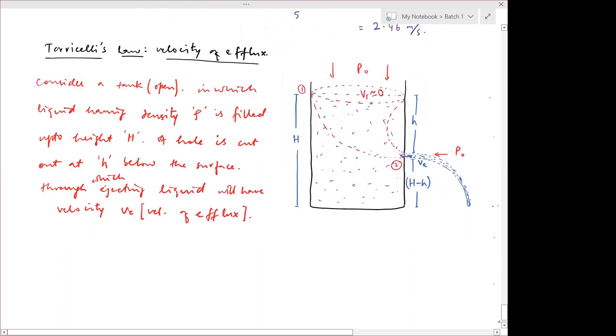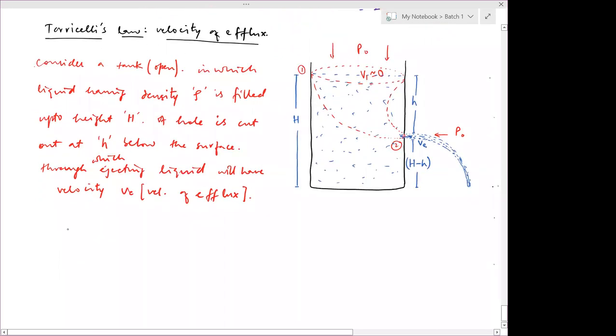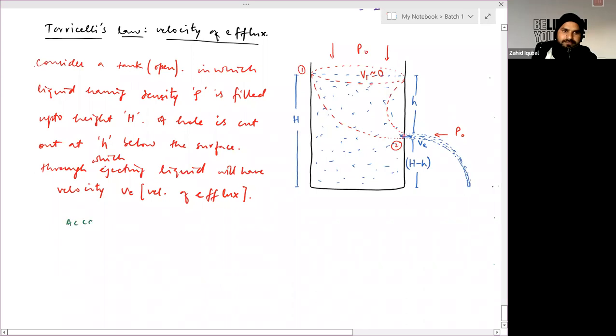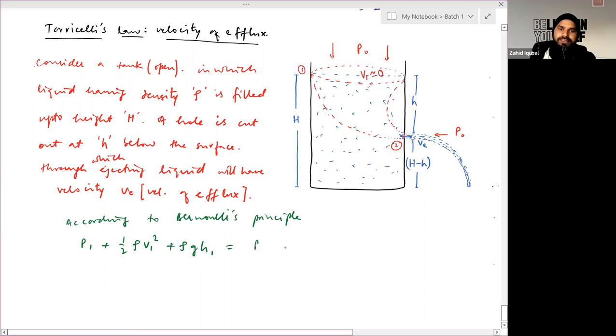Okay. So according to Bernoulli's principle, at first point, P1 plus half rho V1 square plus rho g H1 equals P2 plus half rho V2 square plus rho g H2.